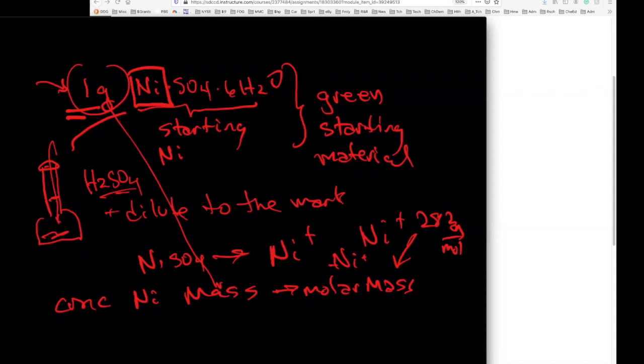And then remember that we're forming 50 milliliters of that. That's 0.050 liter. So we have a concentration. That concentration is the stock solution. That stock solution, now we're going to use certain aliquots to prepare diluted samples.